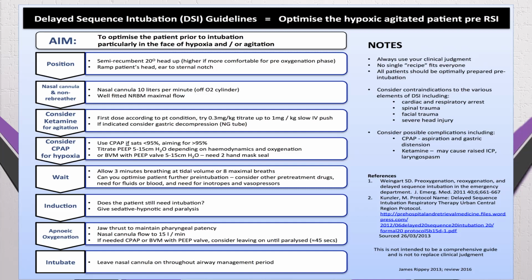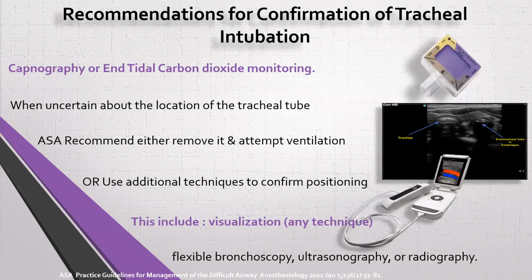What about after intubating your patient? After intubating your patient, you have to confirm tracheal intubation. As a new guideline recommendation for confirmation of tracheal intubation, you have to confirm it by using capnography or end-tidal carbon dioxide monitoring.